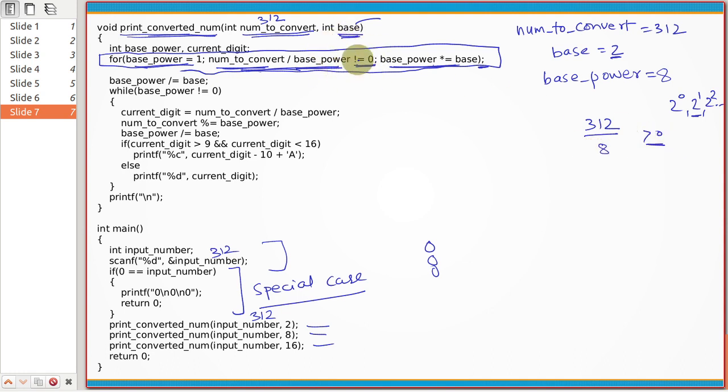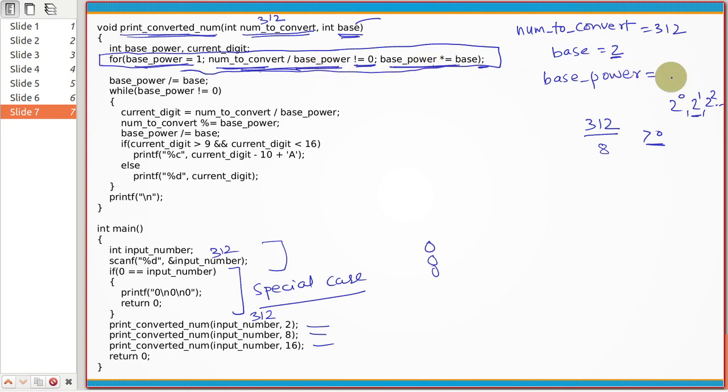This will continue until I have base power of 512. When I have base power of 256, that is 2 raised to 8, this condition would be true, because 312 divided by 256 will result in 1. So it will not stop, and it will go here and do base power into base.